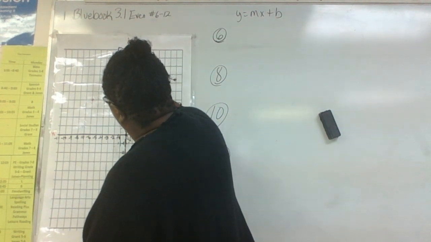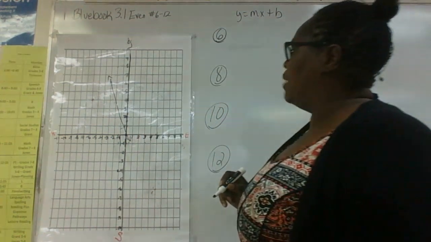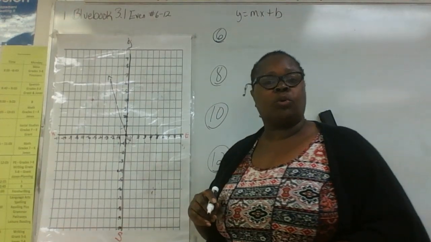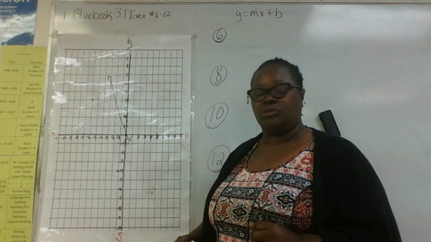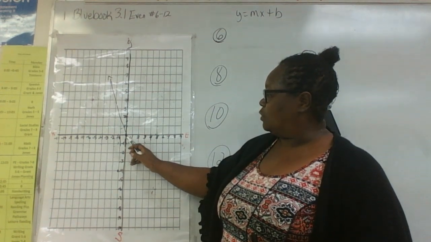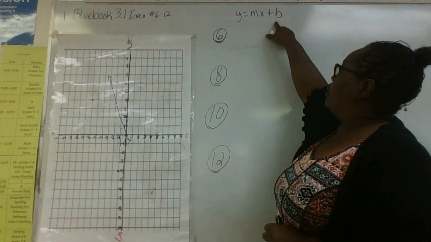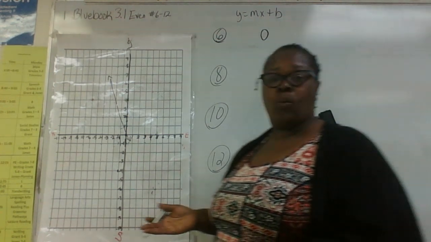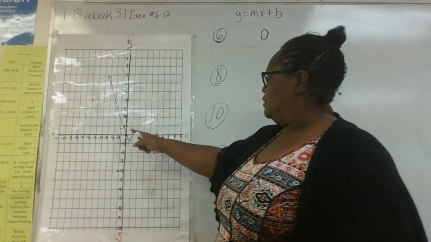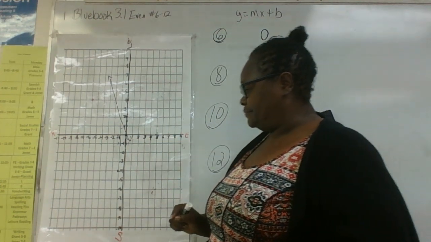With that in mind, we need to know where we crossed the y-axis to determine our intercept. We crossed at 0, 0. So our b for 6 is 0, because our y is 0 when our line touches the y-axis.